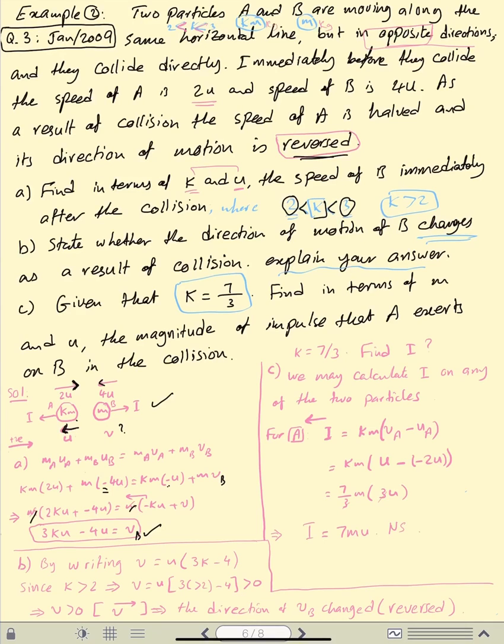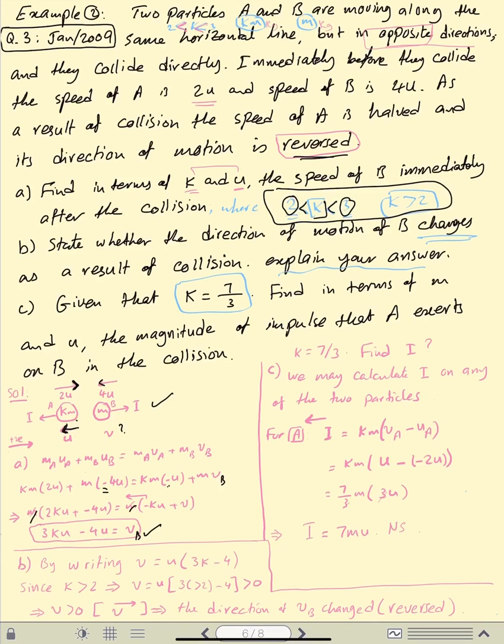Part B, we have to focus here. Based on what can I justify whether particle B will change its direction or not? Because it's in terms of variables, by using the given information, dear students, this is the idea in these questions. By writing V is equal to U, put U as a common factor, times 3k minus 4.